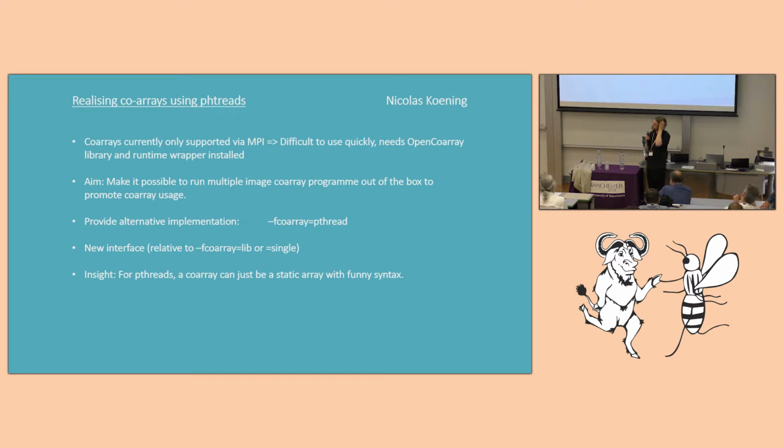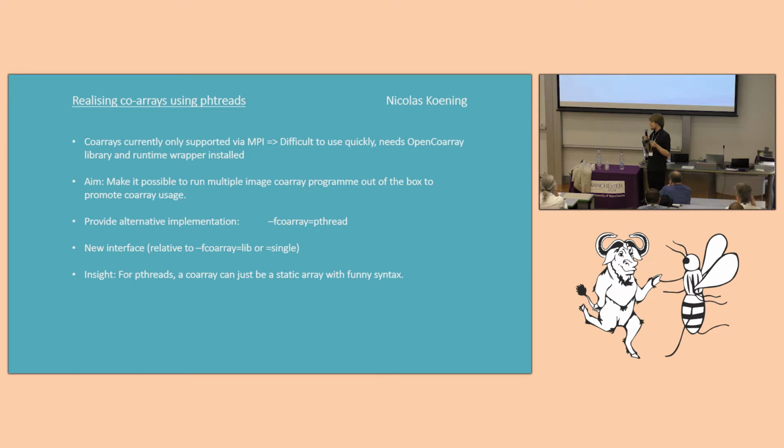Co-arrays in Fortran are, Fortran is a partitioned global address space language. So we have this notion of co-arrays, which if you use them in the program, your main program won't be started once, but a number of times, and execute in parallel, either in different processes or different threads or something.